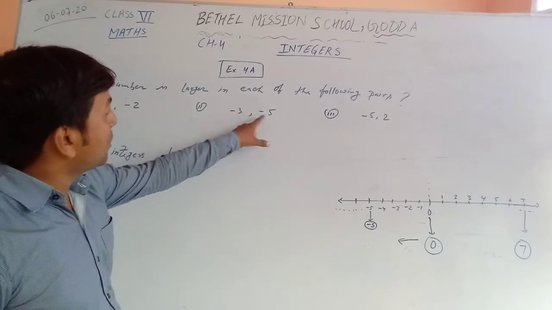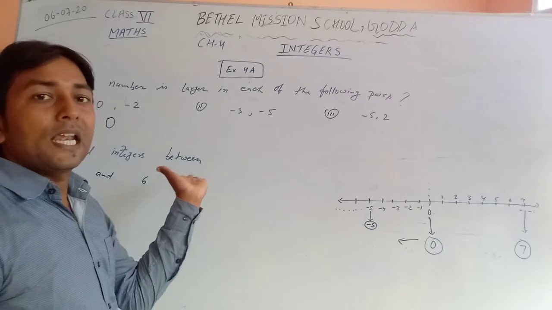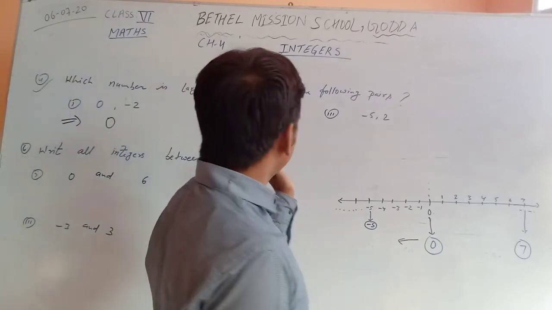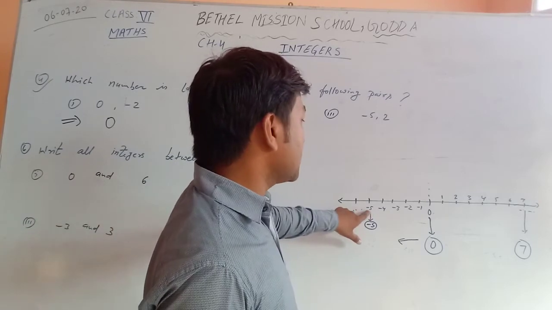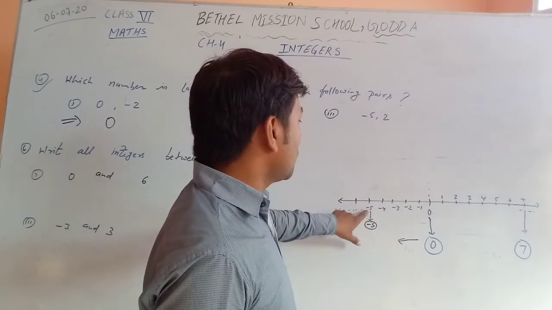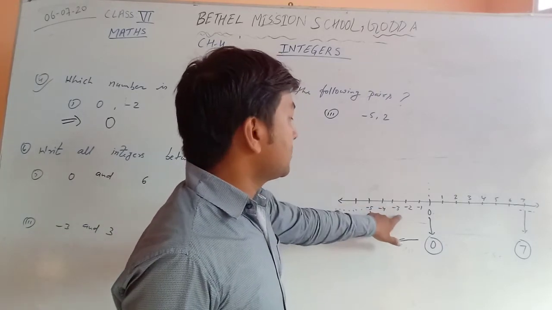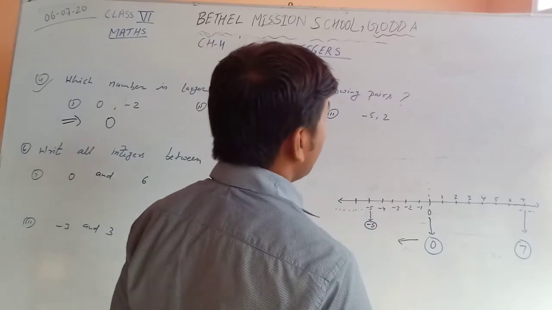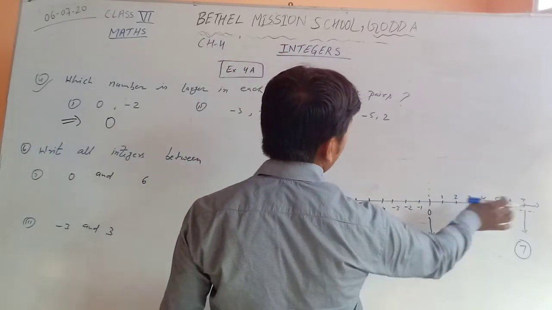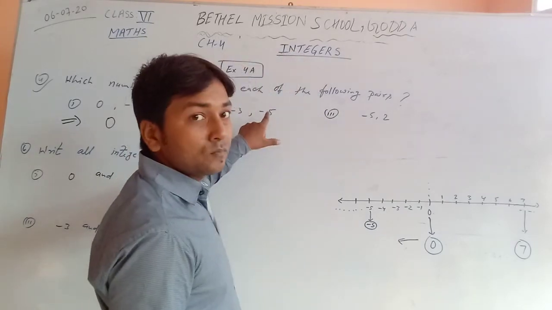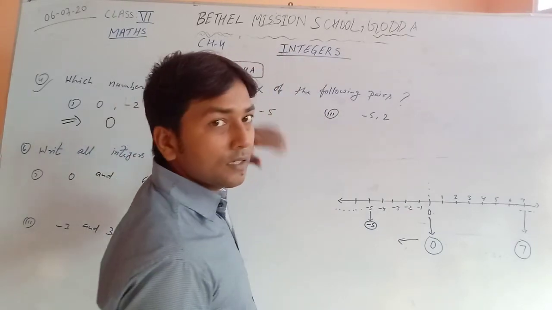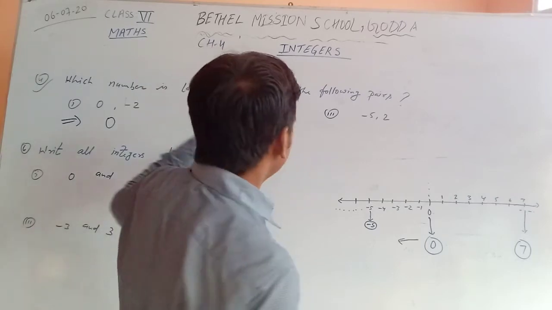And -3 or -5, which is left side? -5 is left from -3, so this will be smaller, this will be bigger. The number which is right from the given number will be greater, larger.